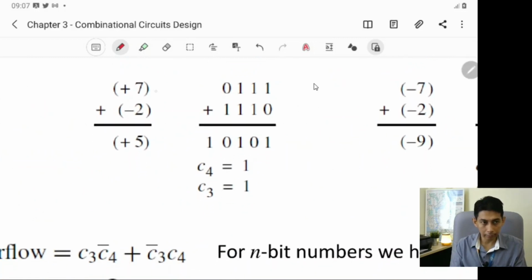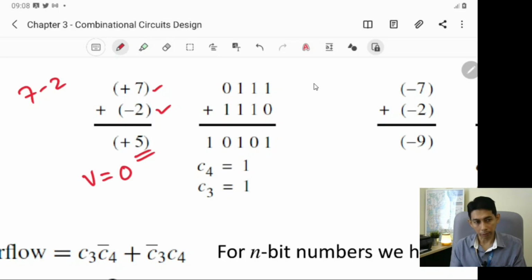When 7 is positive and 2 is negative now. So 7 plus minus 2, or 7 minus 2. The result is of course 5, and again 5 is in the range, which means that V should be equal to 0.